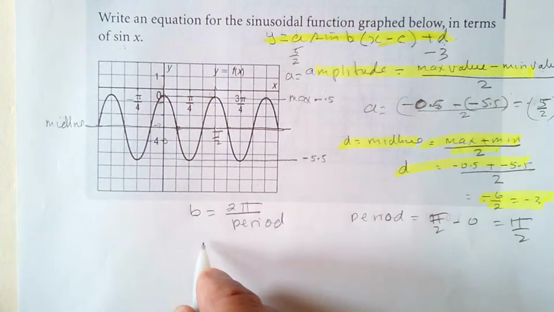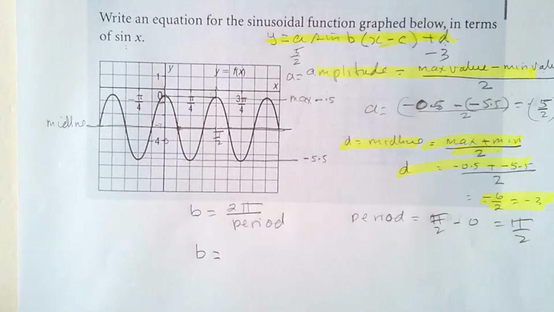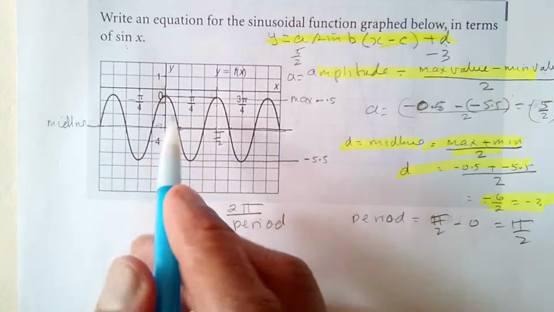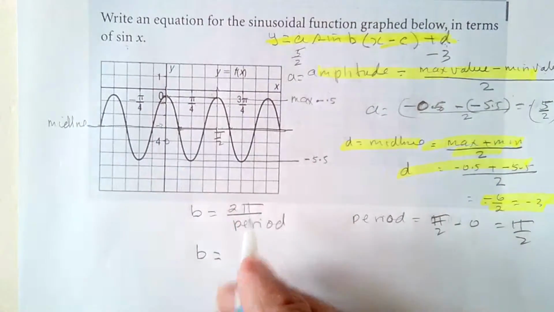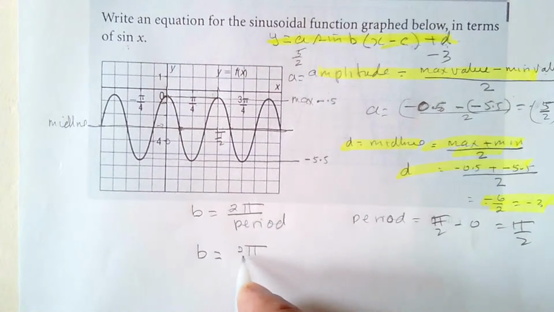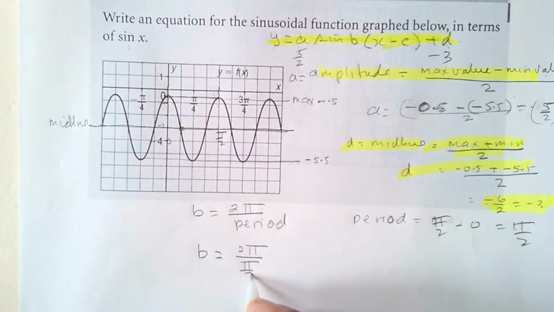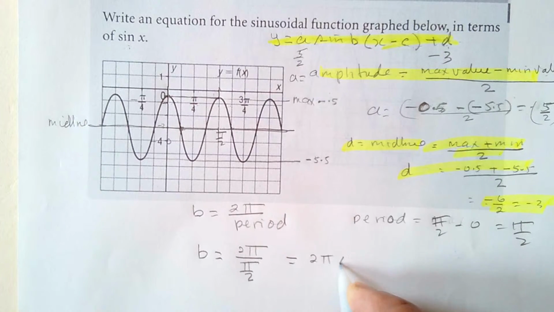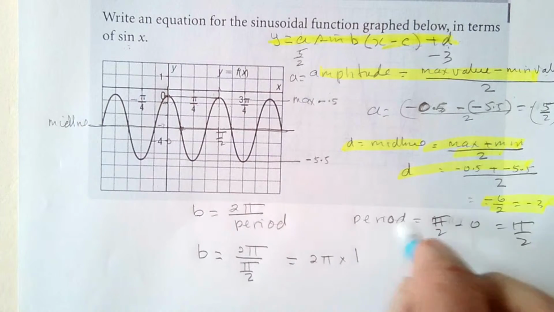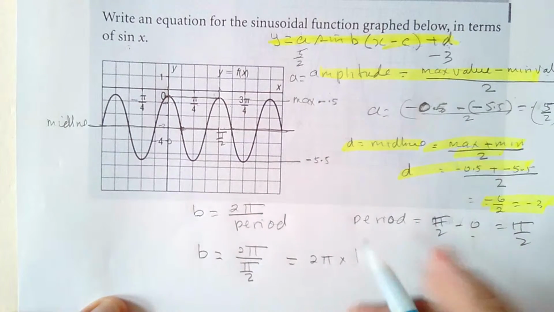Right? So the B, because it's a sketch, you have to look at the graph. There's no way of figuring it out because it's not an equation. You're trying to develop the equation. So here we have 2 pi over pi over 2.